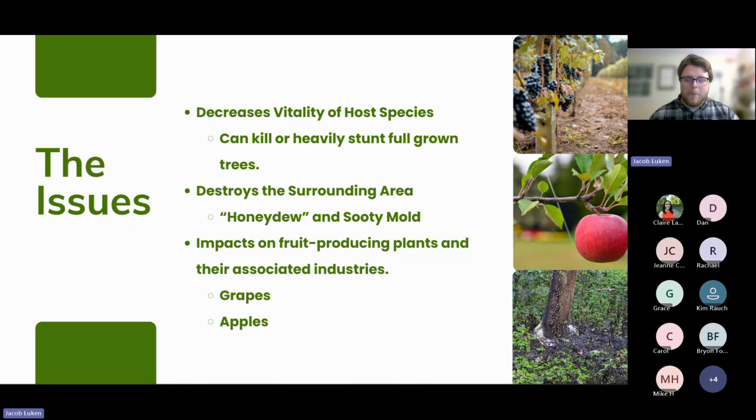And then you've also got mold growing in and around it. That honeydew just falls on whatever's underneath it. So wherever the spotted lanternfly is in the tree, it falls down on anything that's underneath. And this can be landscaping, it can be cars, sidewalks, homes, other infrastructure, and the mold grows on all of those surfaces as well, which makes it difficult to clean, and pretty gross to look at as well.